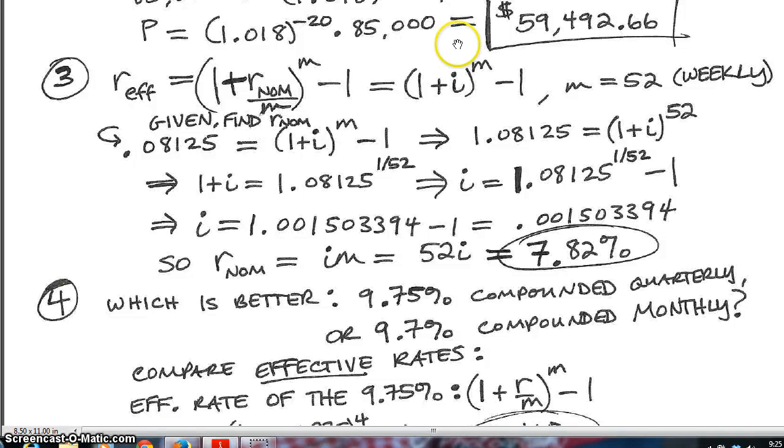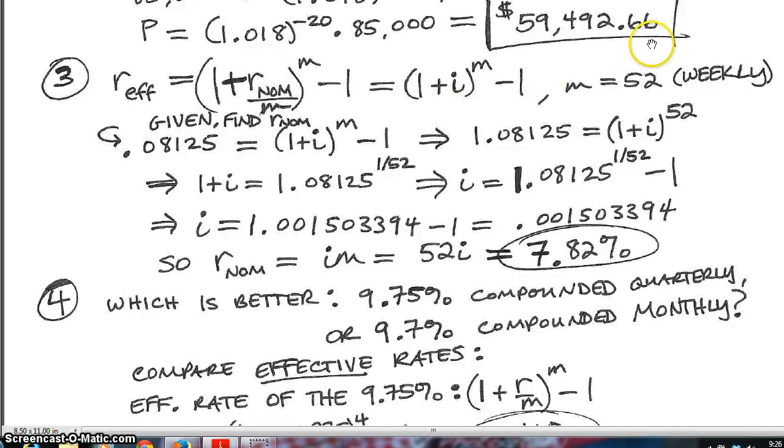I actually wrote it out here as R nom over M, the nominal rate divided by M, because instead of putting it in terms of this I that you have to figure from the nominal rate, it really is a formula that directly relates the nominal and effective rate. Now you have to figure out what M is here, but that's just the number of compounding periods per year. If you know that, then this is a formula that directly relates these two.